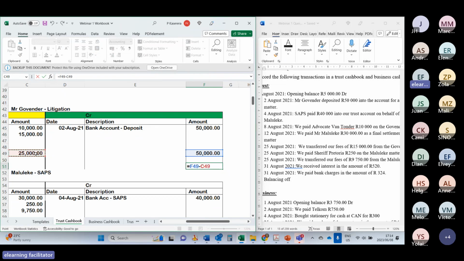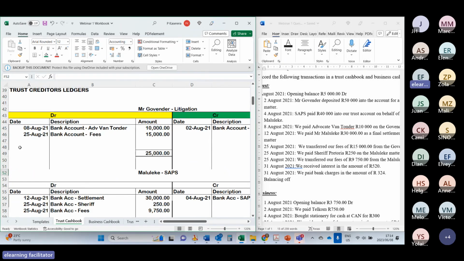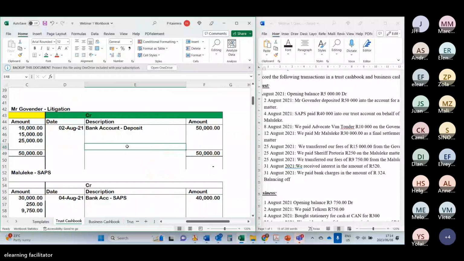So we calculate how much. It's higher by 25,000. So when we are balancing off, we go 31 August. This is the amount that we're going to carry forward. Balance carried forward, 25,000. So the idea is that both sides should be equal.